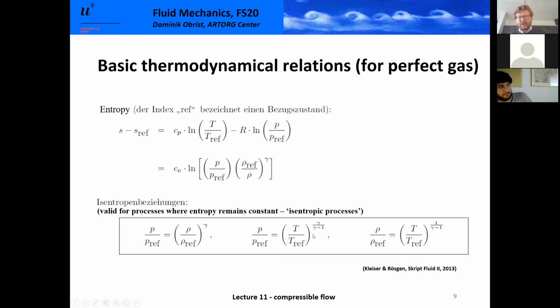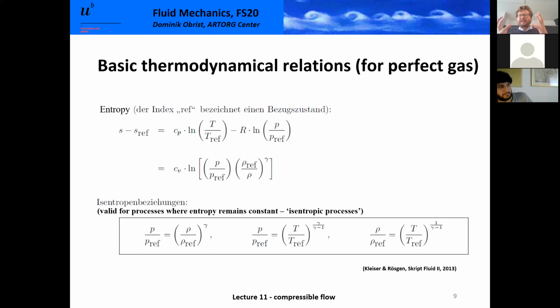So these are relations for isentropic processes. In general, whenever you have a process that is adiabatic and inviscid, you will have an isentropic process. There's one exception, but we'll come to that at the end.